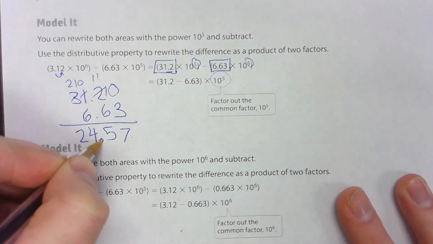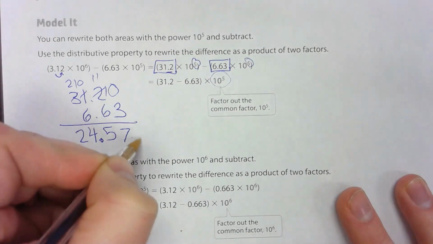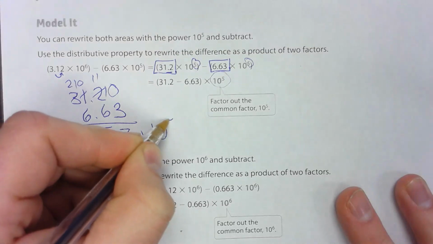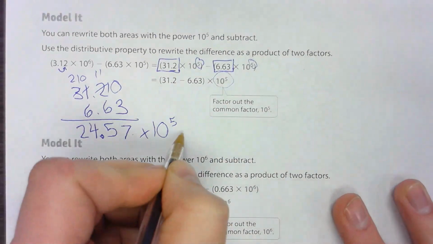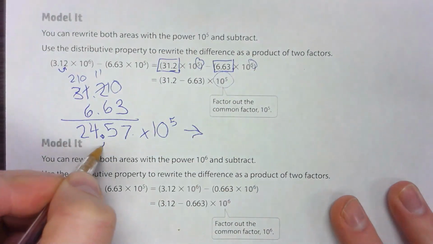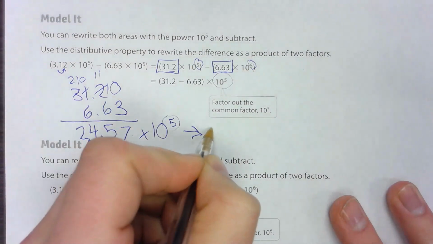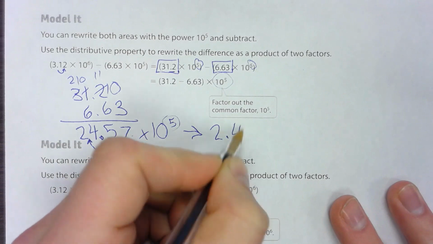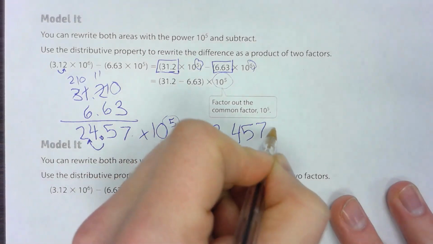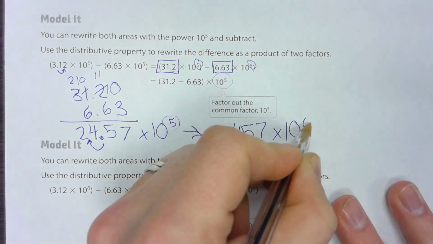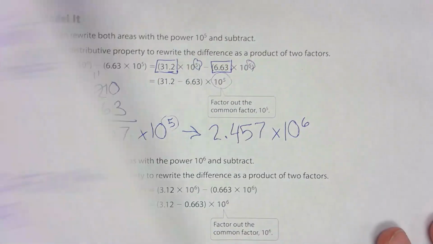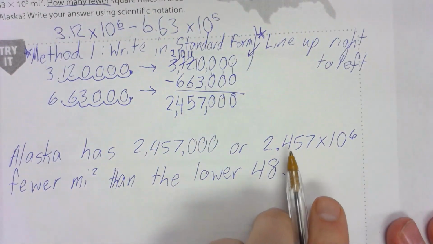But our decimal point's right here in the wrong spot. Times 10 to the 5th power. What do we have to do? We have to move our decimal 1 to the left. And that's going to increase this exponent, and we get 2.457 times 10 to the 6th power. Exactly what we got over here.